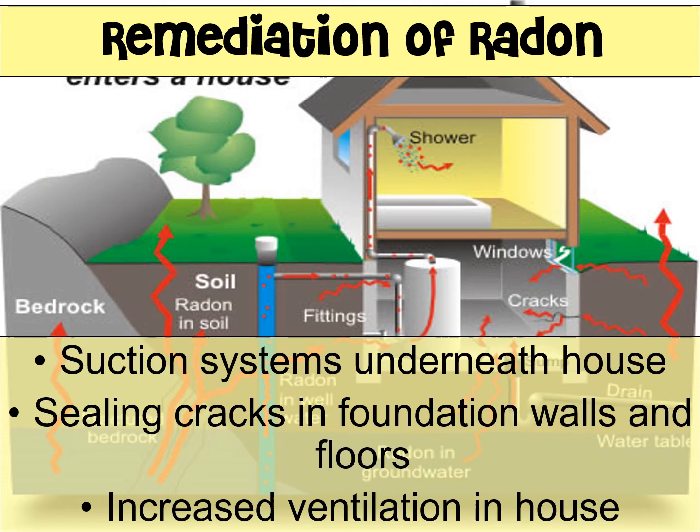So that way the gas, it's a little bit difficult for it to travel through into your house. And then lastly, you can increase the ventilation in your house. Now, obviously, this is not possible for areas that are extremely cold or extremely warm, but if you do create the flow of air in your house, then you won't get an accumulation of radon gas in your house.